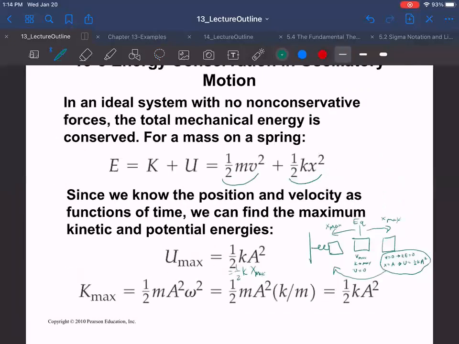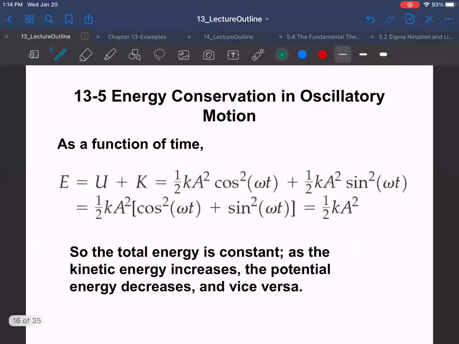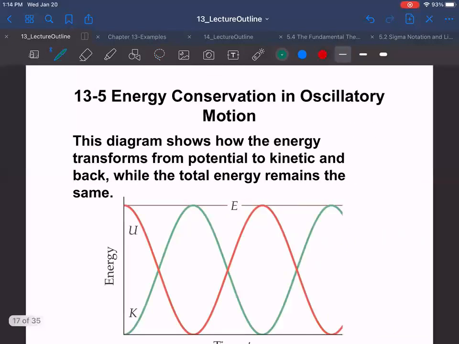And so what this is telling us ultimately, and I'm going to skip ahead here, is that as one decreases, the other increases. You see that? If your kinetic energy is in green, you stretch it off to the side, giving it pure potential energy. You let it go.